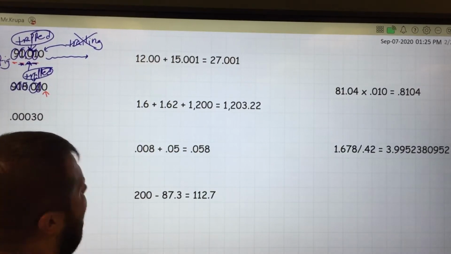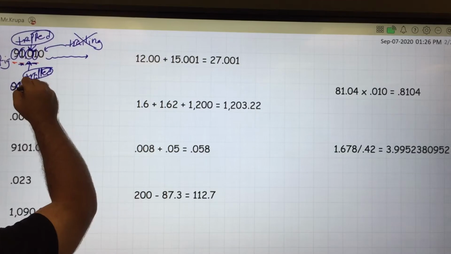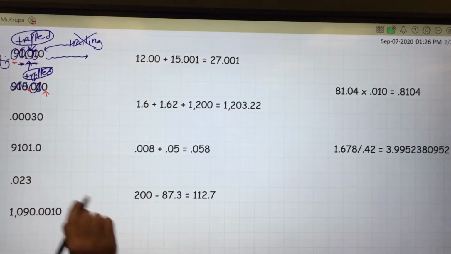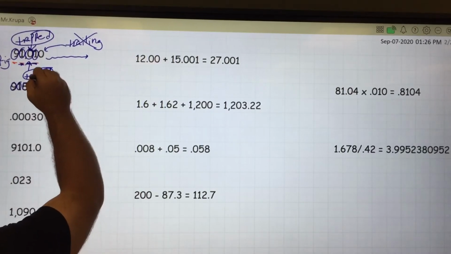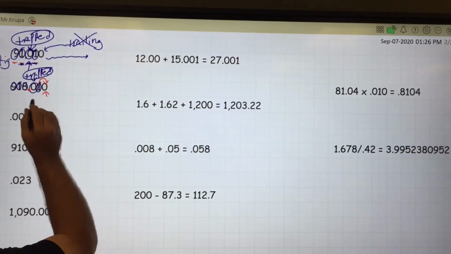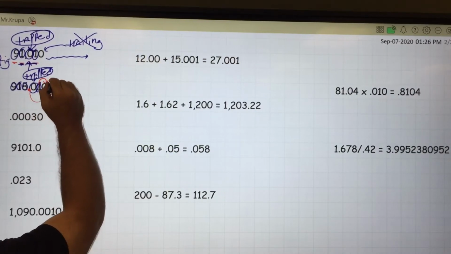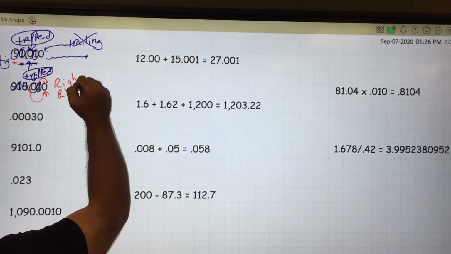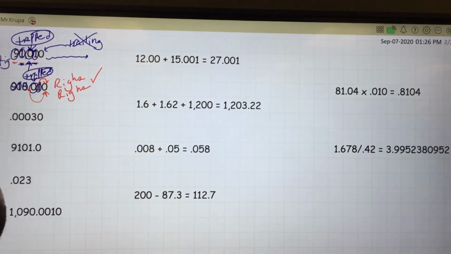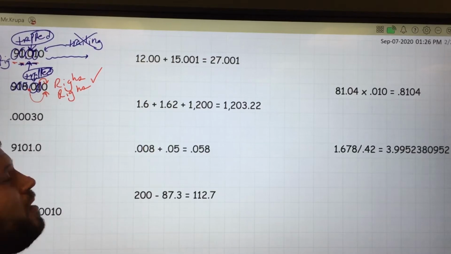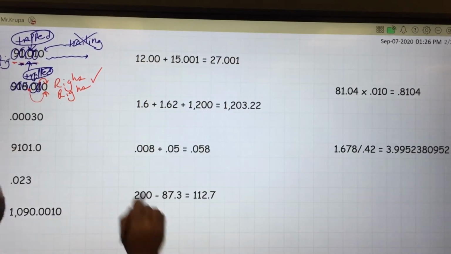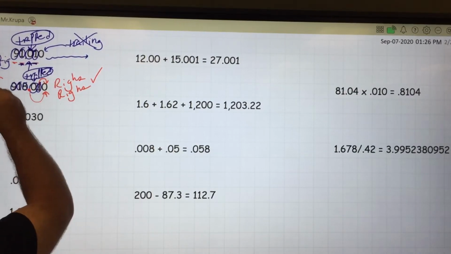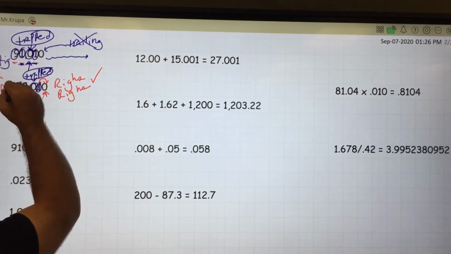It comes at the end, but there is a decimal point right here. This zero is a right zero. It is to the right of a non-zero digit and to the right of a decimal. That is a right zero, and it is also significant. So this number, 918.010, would have 6 Sig Figs, or significant figures.